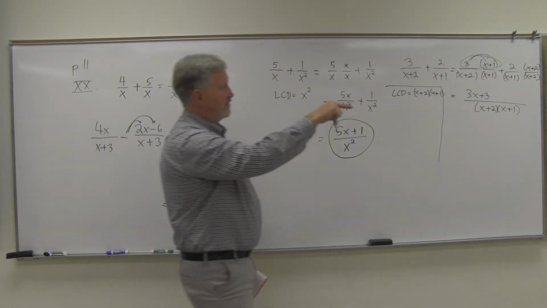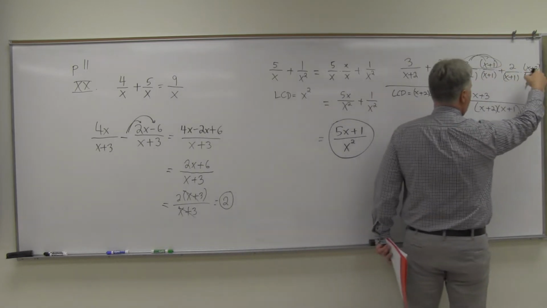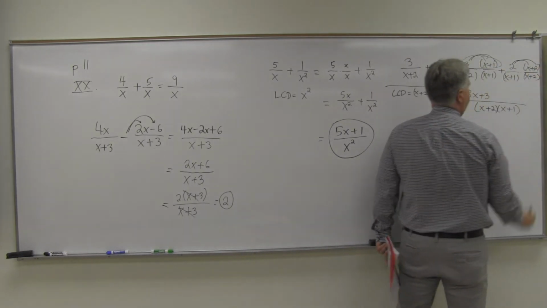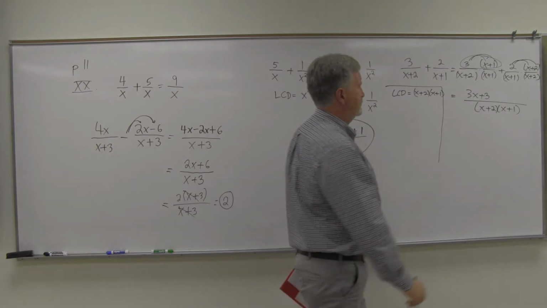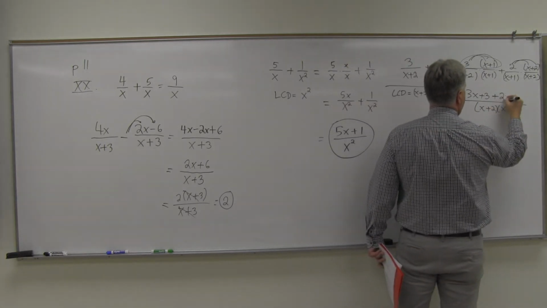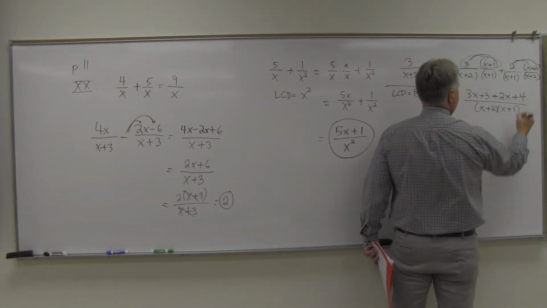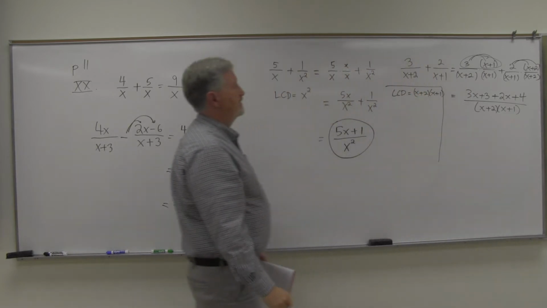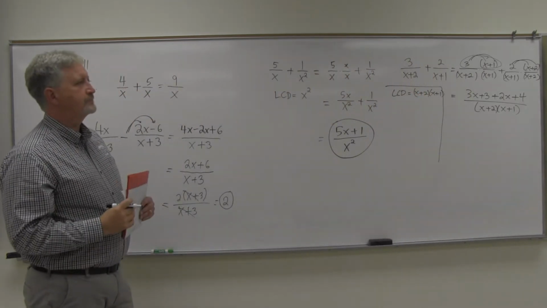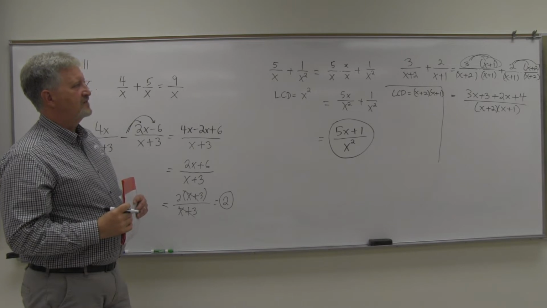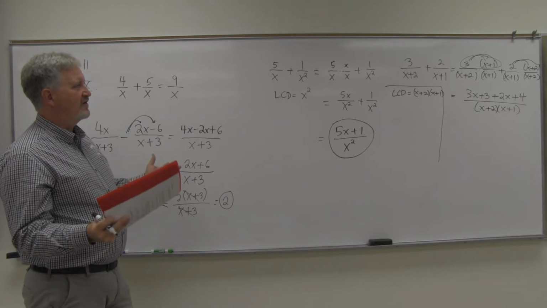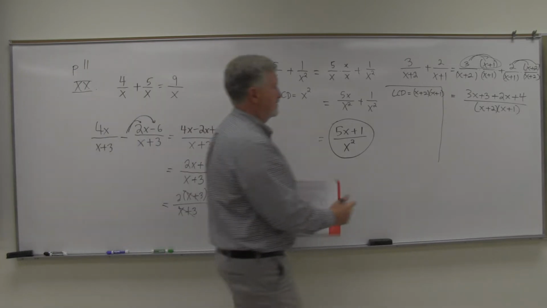Same thing over there on the right. The 2 times x plus 2, well, you got to multiply that 2 times the x plus 2, so that's plus 2x plus 1. So now we're in business, because now all we have to do is combine the like terms.